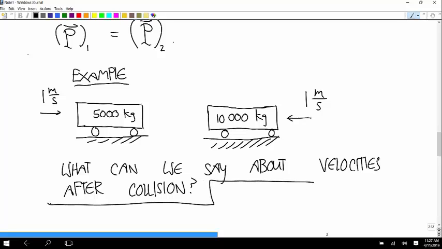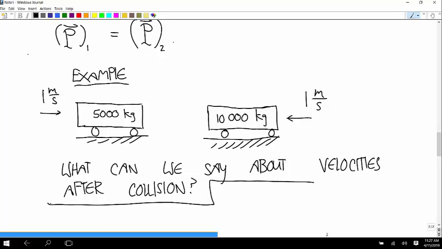Okay. Well, if these are going up to the instant of the collision, these are moving with a constant velocity. We know they're not turning or anything. So as long as the speed is constant, then there's no net force on that object between the instant right before the collision and the instant right after.